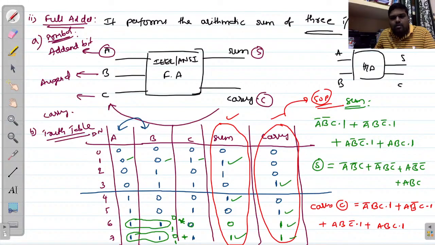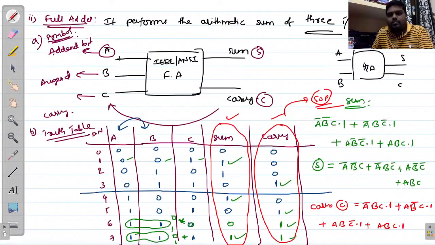Now first I will take sum here. Now I will take carry here. So sum is what?